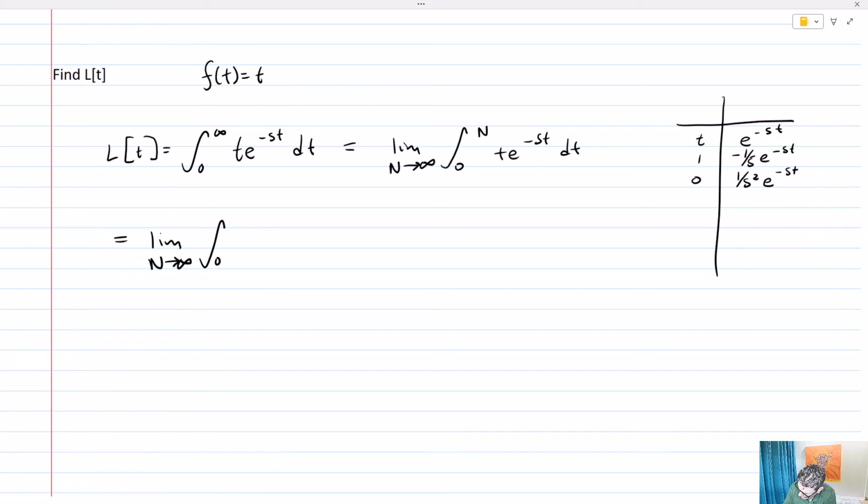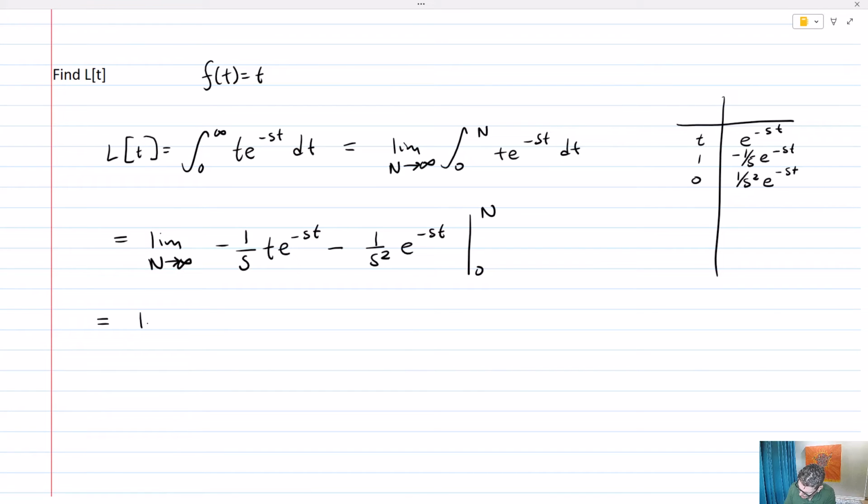I'm actually going to get negative 1 over s t e to the negative st minus 1 over s squared e to the negative st, and evaluated from 0 to n.